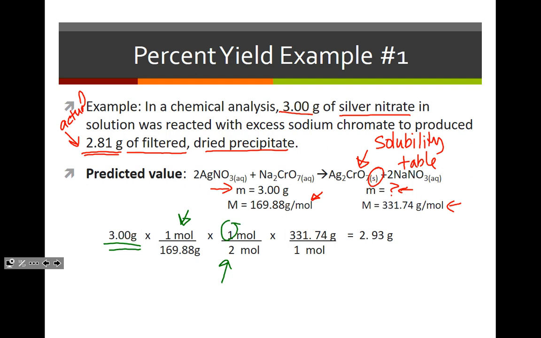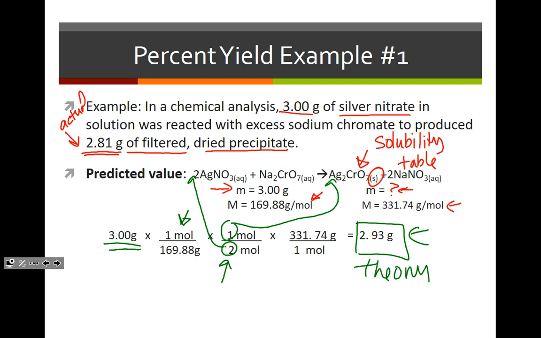The 1 is for what I'm looking for, and the 2 comes from what I have of silver nitrate, right? And so in theory, if everything is perfect and everything's 100% pure, and you waited enough time for the reaction to be complete, I should get a mass of 2.93.